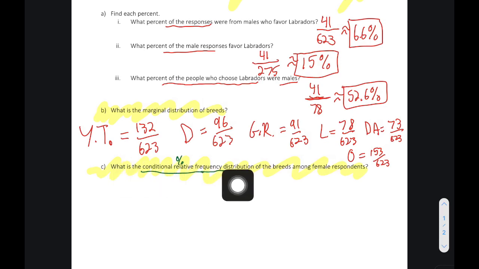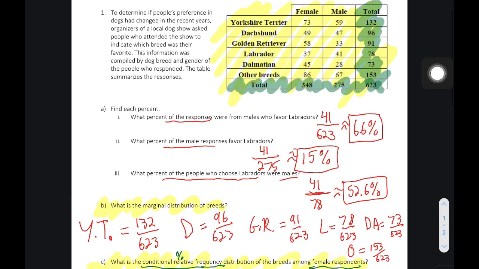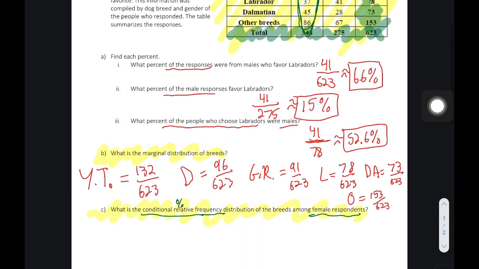So what is the conditional relative frequency distribution of the breeds among female respondents? So looking at my table, I can find the female respondents, and I'm looking at this column. Looking right here. And this is pretty much what I want to write down. I want to say that Yorkshires, they were 73 out of 348.